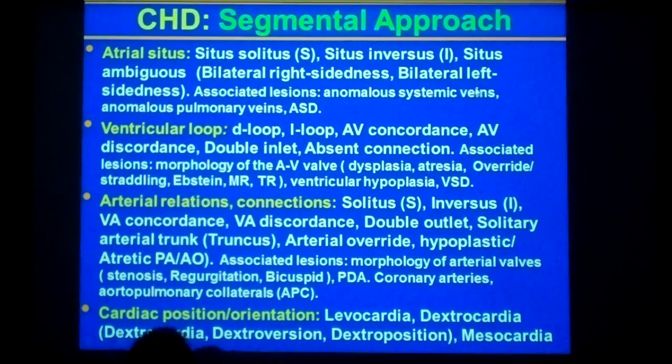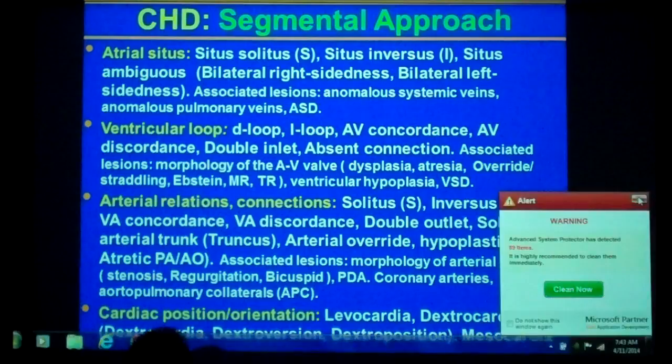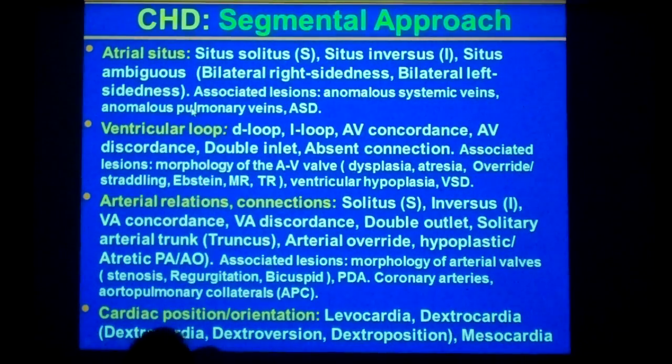So you have 3 systemic veins in the right atrium, SVC, IVC, and coronary sinus, and you have 4 pulmonary veins in the left atrium. So there can be anomalies of those veins, and also there is atrial septum between the 2 atria, so there could be defects in the atrium. So in the atrial segment, you want to make sure right is on the right, left on the left, no ASD of any kind, which we have gone through previously, and no anomalies of the pulmonary or systemic veins.